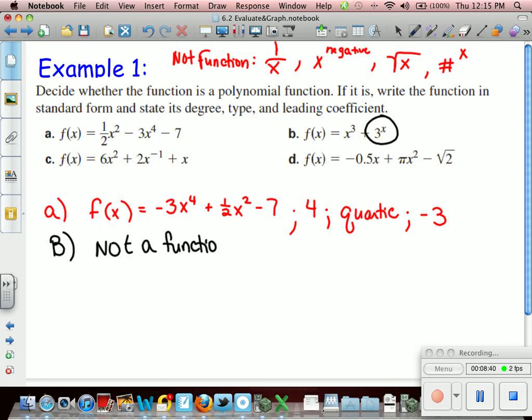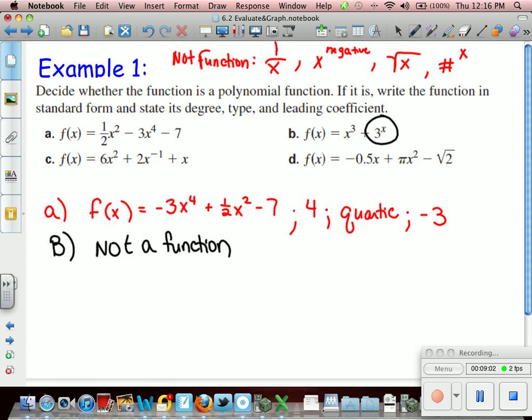Because I have x cubed, which would normally be fine, but it has plus 3 to the x power. And because that x is an exponent, it's not always consistent. There's a place where it's undefined.